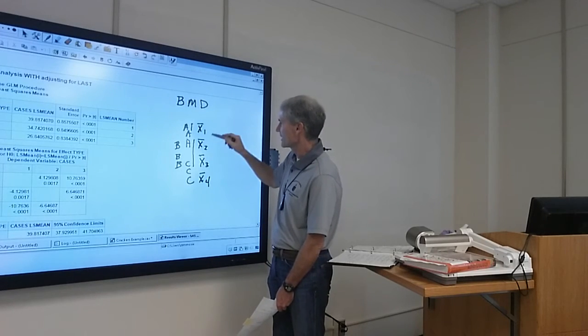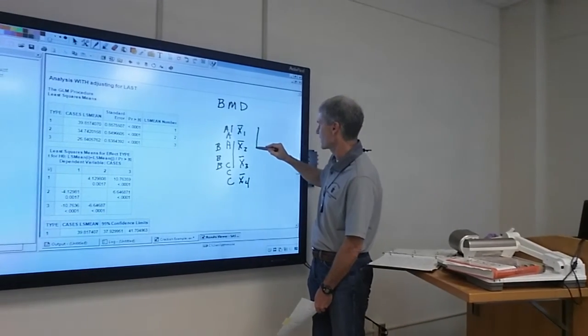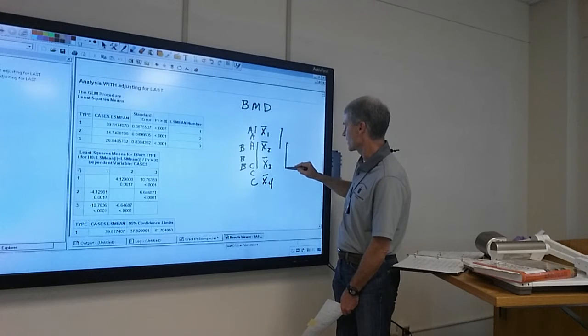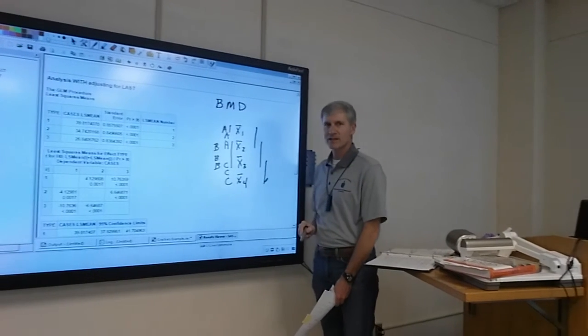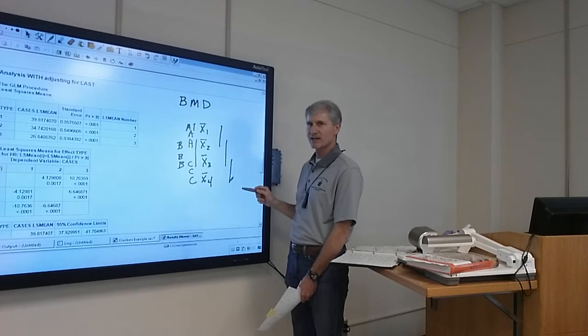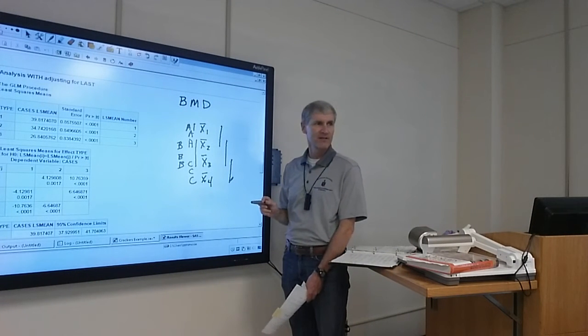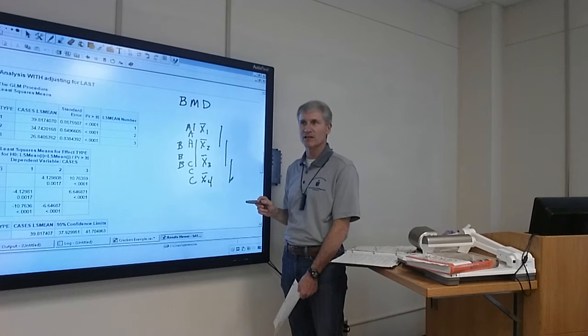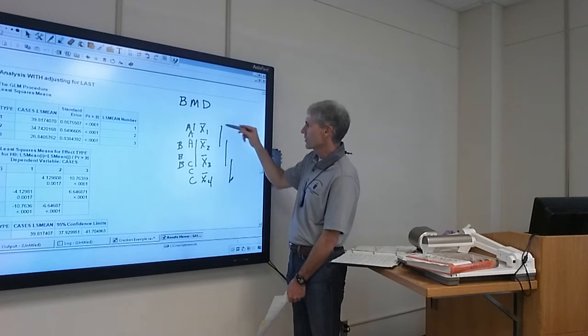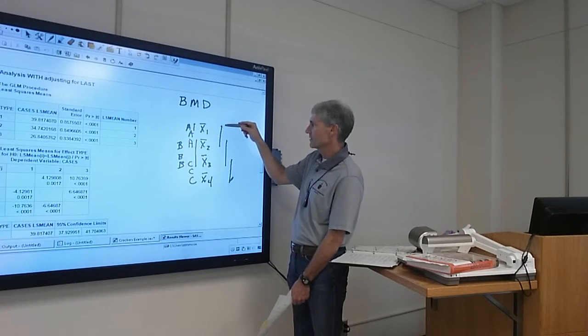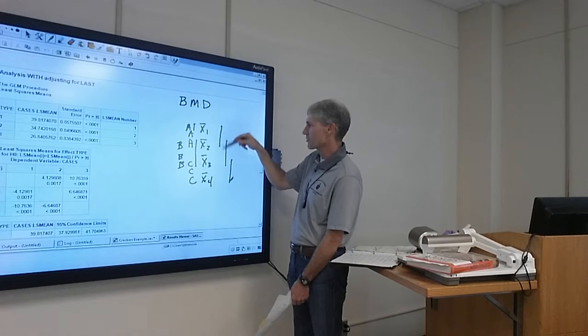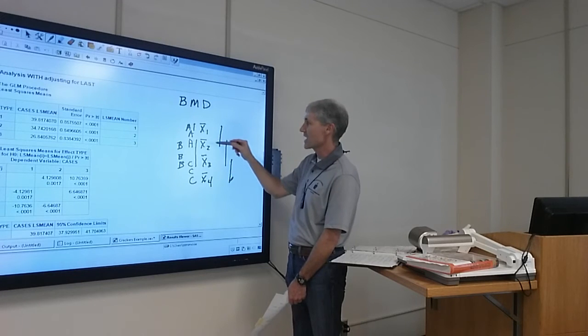So drawing lines like this would go line there, a line there, and a line there. Things that are attached by the same line are not different. Things that are not connected by the same line are different. So 1 is different from what? It's different from 3, and it's different than 4. Right? But it's not different than 2.